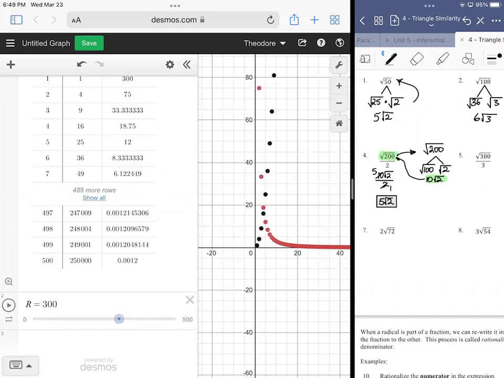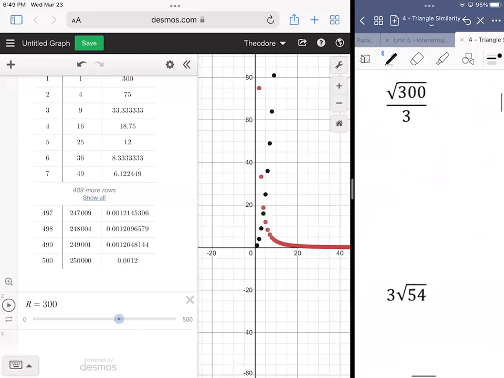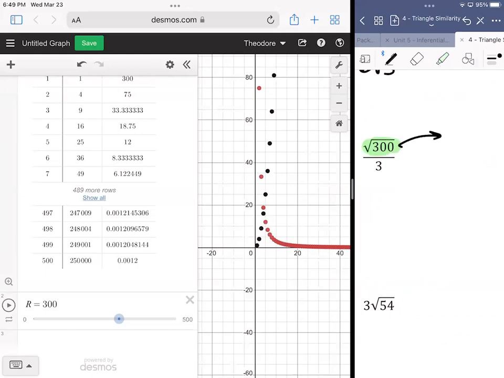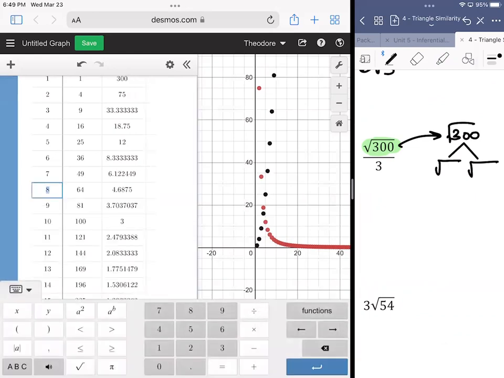So in number 5, I'm doing the same thing in that I'm taking that radical 300 and pulling it out. I'm breaking it down into the product of 2 radical factors, one of which must be a perfect square.